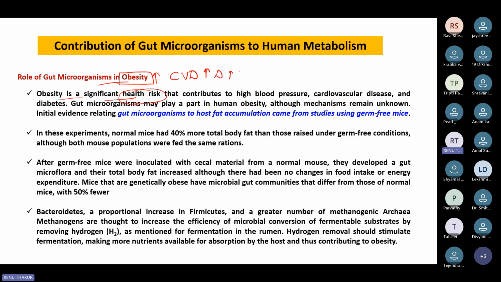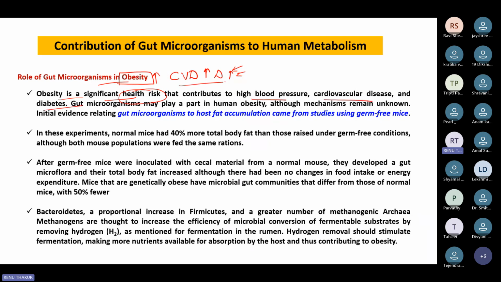The secondary complications associated with diabetes, like kidney disease, the different pathies, neuropathy, nephropathy, and different kinds of pathies associated with diabetes are harmful. So if you are an obese individual, you will always have a high frequency of different kinds of diseases like high blood pressure, cardiovascular diseases, and diabetes. I have written it here.